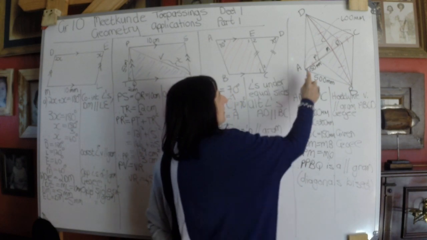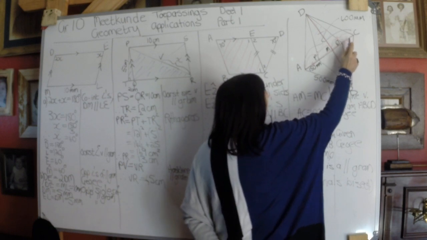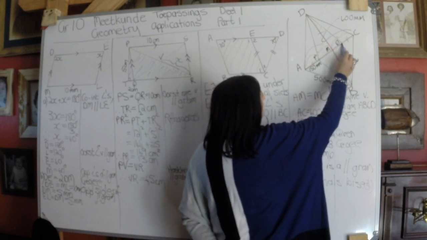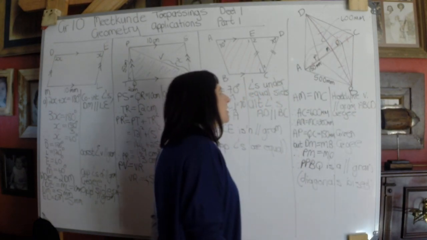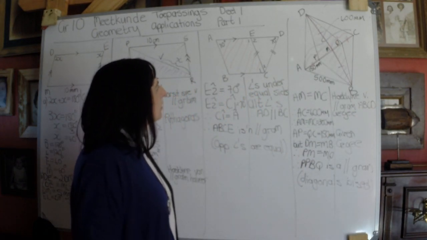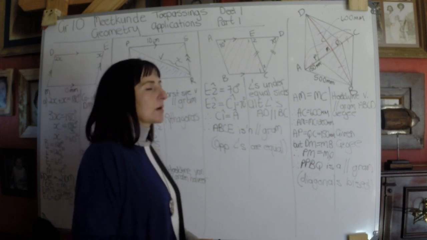So, as hulle gelyk is aan mekaar, dan beteken dit daai twee is ook gelyk aan mekaar, and that's equal to each other. So, if that pieces are equal and that's the diagonals of a parallelogram, en daarom is DPBQ dan 'n parallelogram.